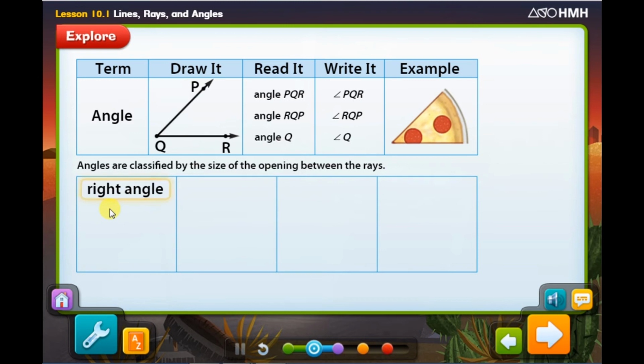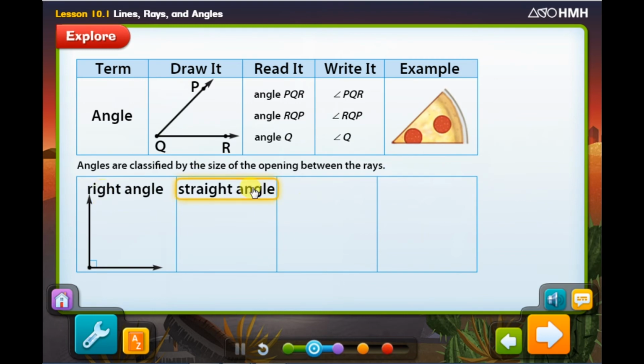To classify them, the first important angle is called the right angle, and it's the angle of squares. When I tell you to sit straight, this means you have to make a right angle with your back. Our first angle is a right angle, which forms a square corner.